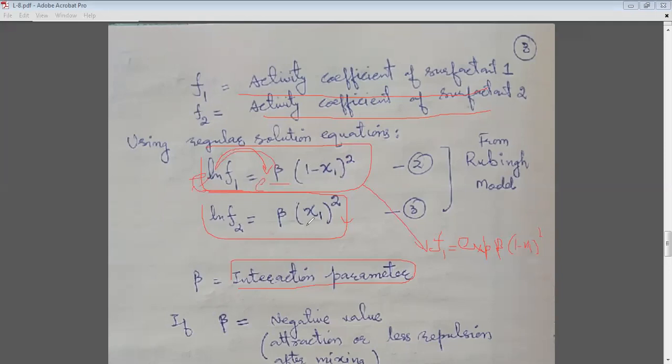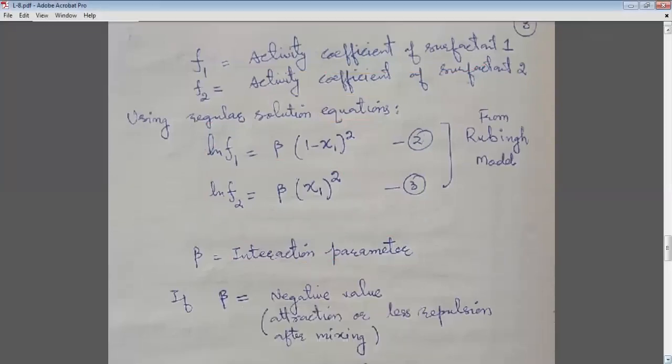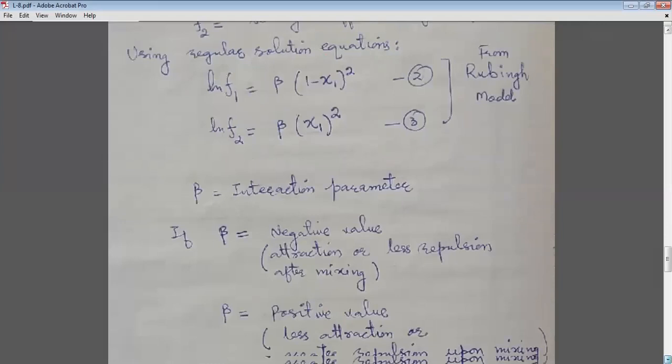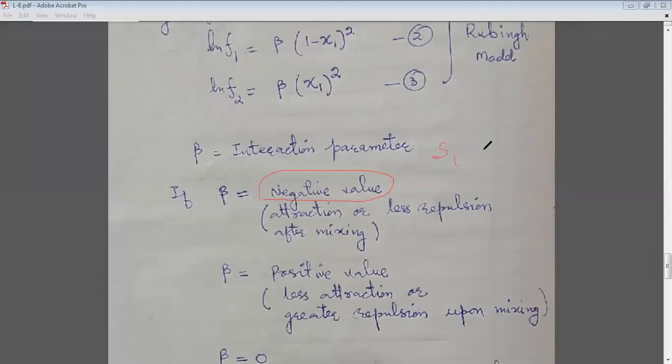Similarly, for this equation you can also just keep it as such, as written here. So what is beta now? Beta is the interaction parameter. It is a very important parameter. If beta value comes out to be negative, we can say that the two surfactants which we mixed, S1 plus S2, have basically attractive interactions, or we can say there are fewer repulsions when we mix the two surfactants.